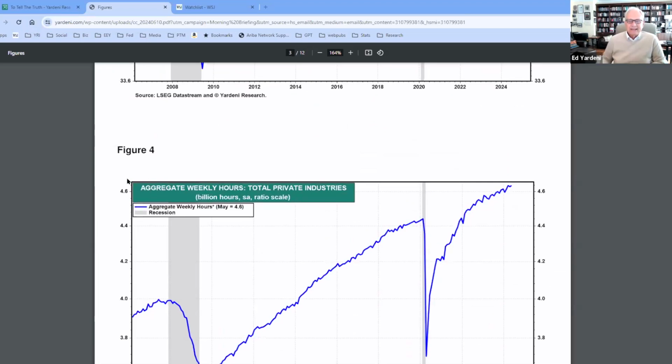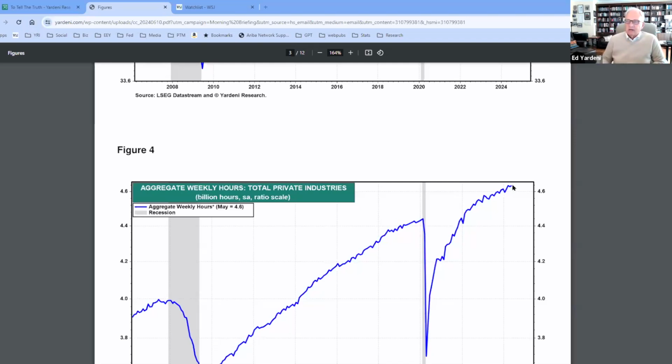This is in billions. Actually, I think we converted this to monthly data. So it's 4.6 billion hours is how much all of us working stiffs put in to make a living. And you can see that's been zigzagging along with the average weekly hours, but it's been rising, not going sideways, rising in record high territory.